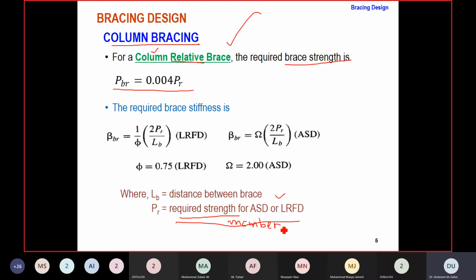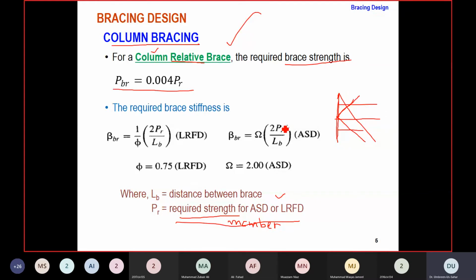So you are providing the column, and let's suppose the relative brace you are providing is in between, or like this, from one end of the column or in between. So it may be horizontal. I have told you it may be vertical or inclined. So in this particular way, let's suppose this column needs to be braced from the top, or from in between anywhere.